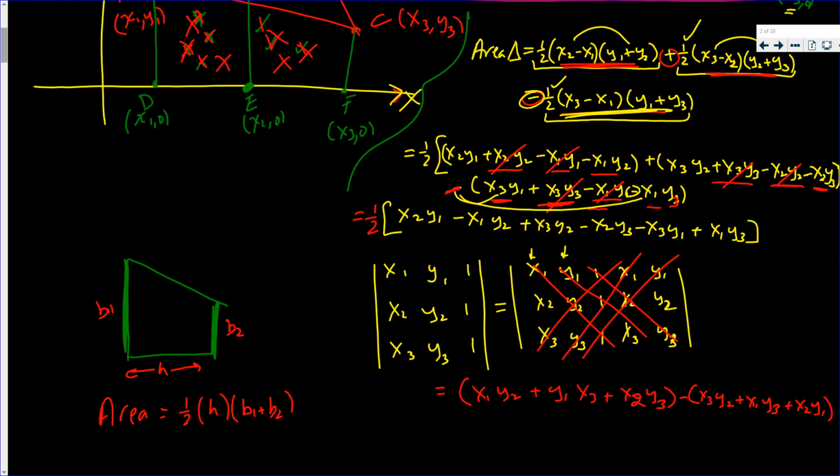if you look at this here and this here, they're gonna be the same. This has x2, y1. Why am I getting minus?